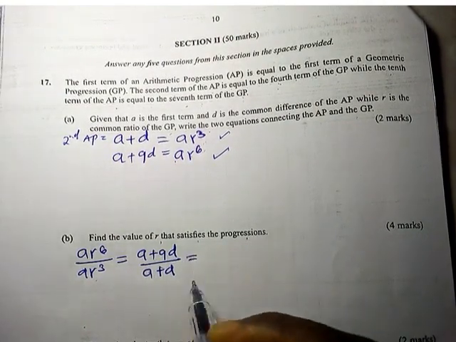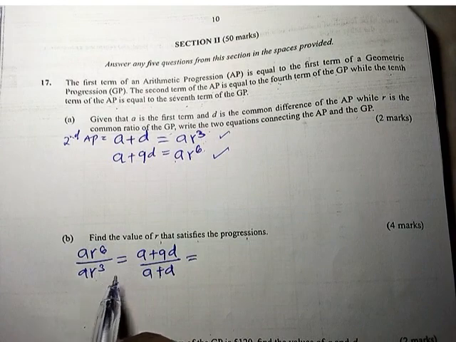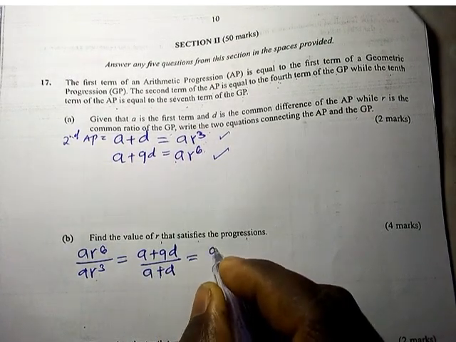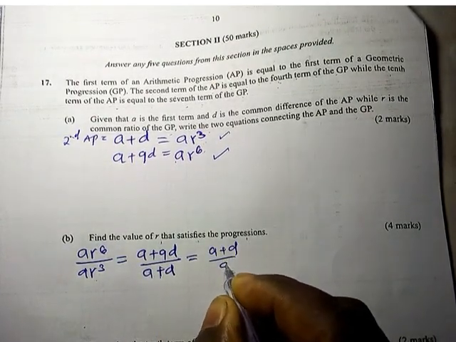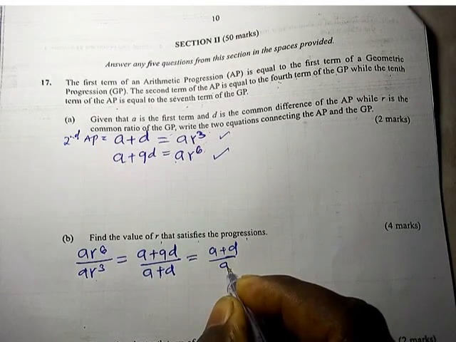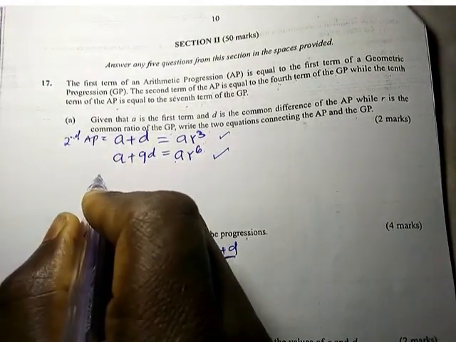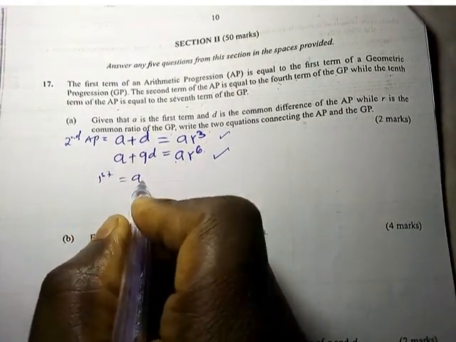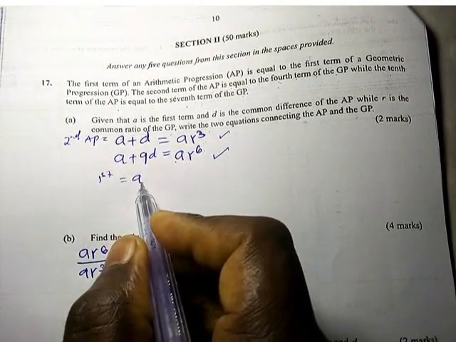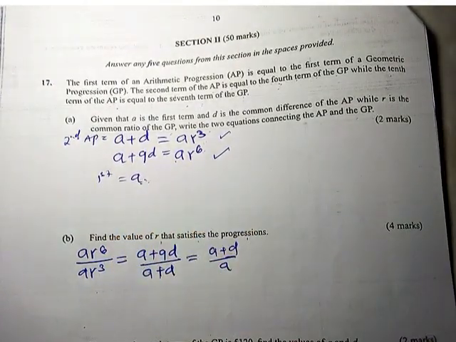And this one also will be the second divided by the first, which is equal to A plus D divided by A. A is the first term. For AP or GP, the first term is A.